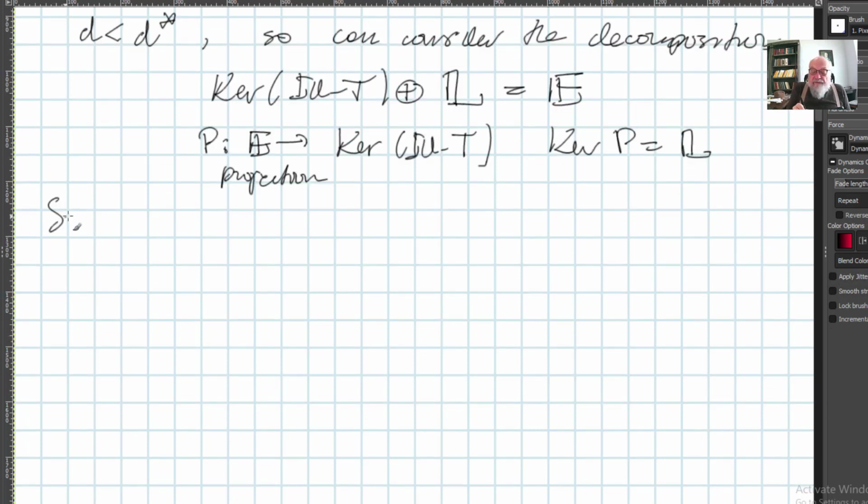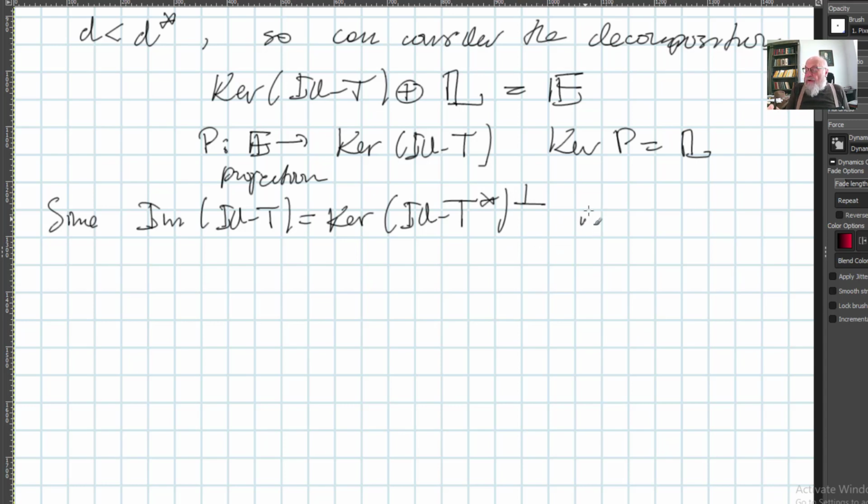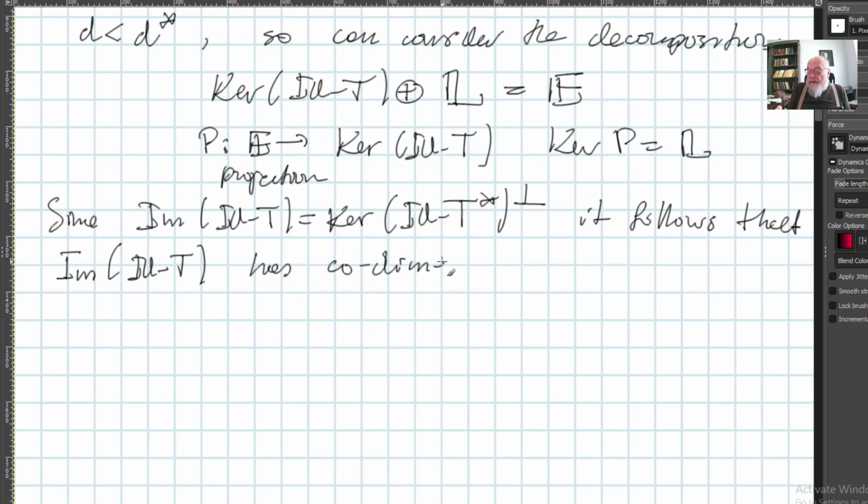And since the image of identity minus T is equal to the kernel of identity minus T star, perpendicular, it follows that the image of identity minus T has codimension, we explained it.